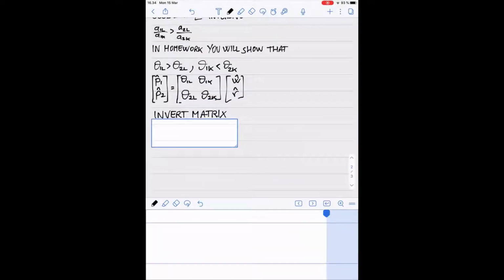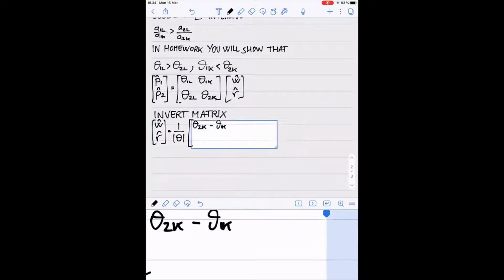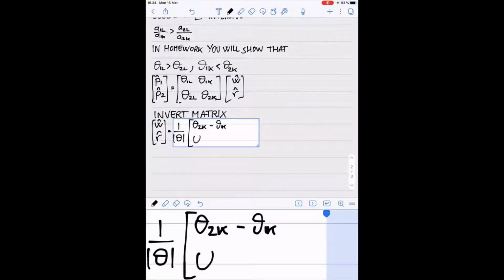Okay? So now what we want to do is to invert the matrix. We have that W hat R hat is actually equal to 1 over the determinant of that matrix, which we're going to call theta between the two bars, and then we have the matrix theta 2K, minus theta 1K, minus theta 2L, theta 1L.